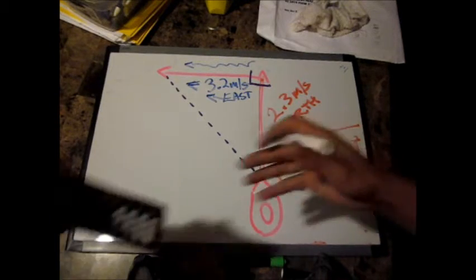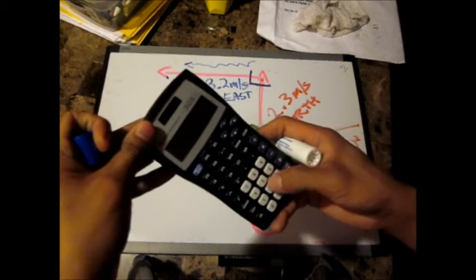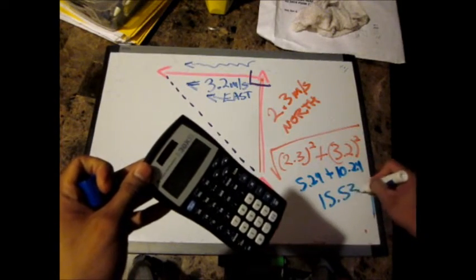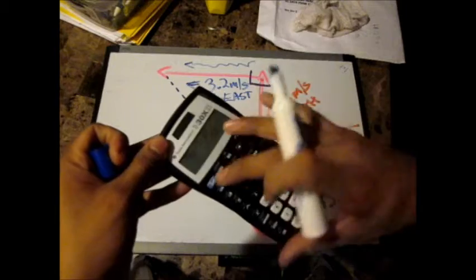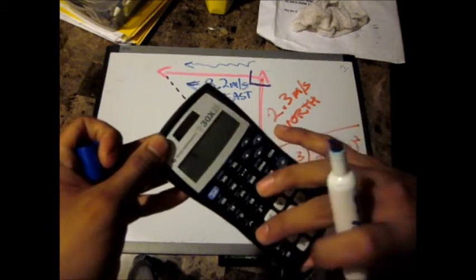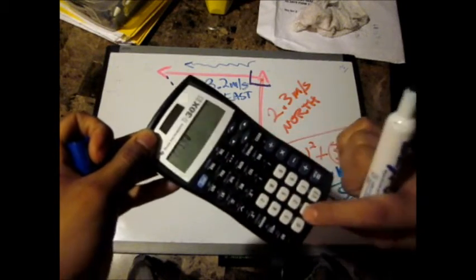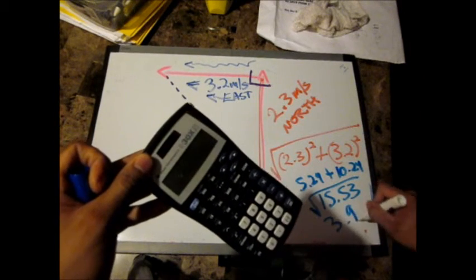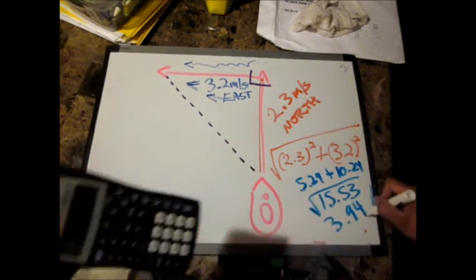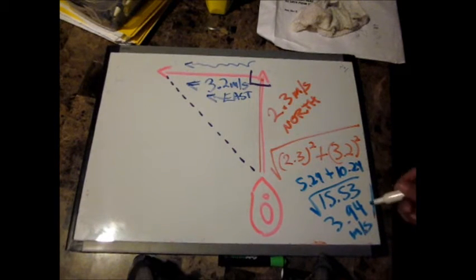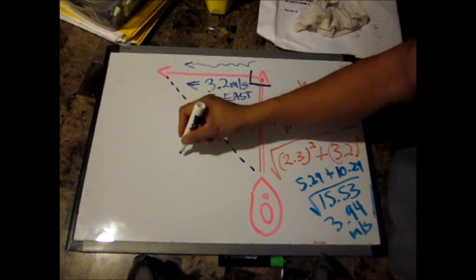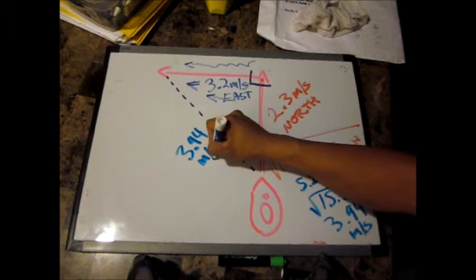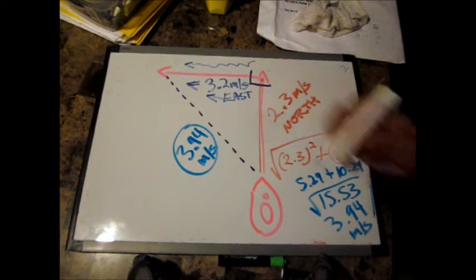And what you end up getting there is plus 5.29, 15.53. We square root that. Second square root of 15.53. What we end up getting is 3.94 meters per second. And that's our magnitude here. The first part of our question will be 3.94 meters per second.